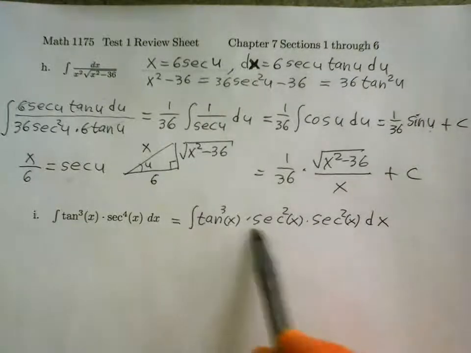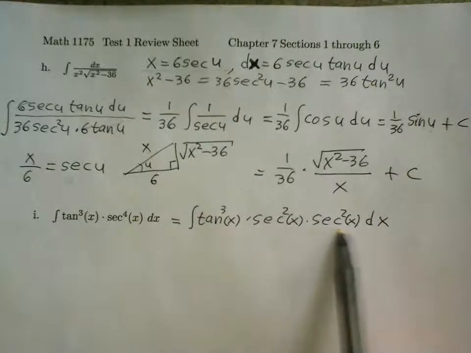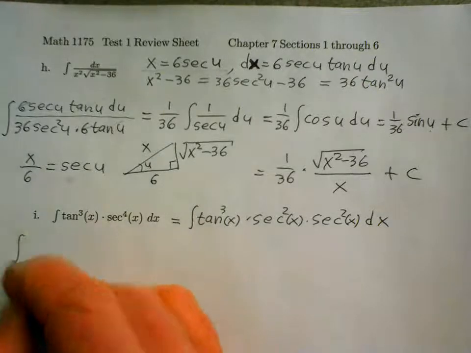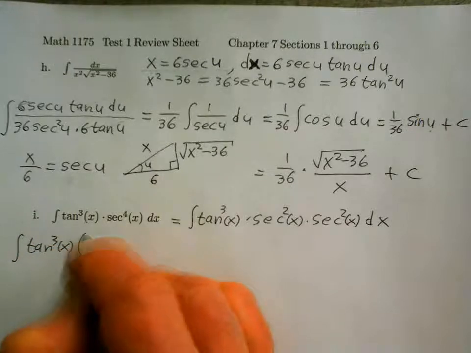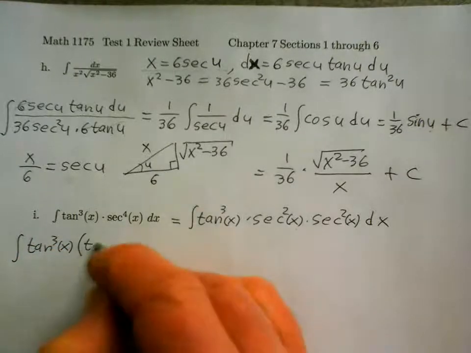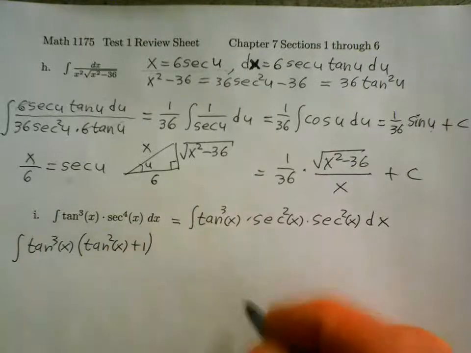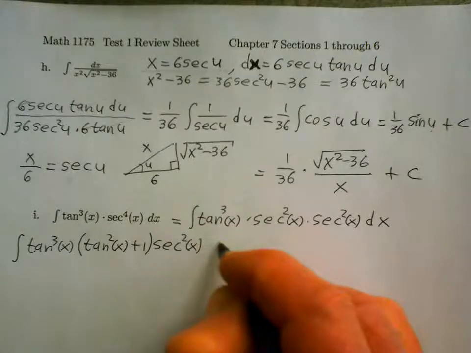The middle secant of x squared, we'll convert that to tangent of x squared plus 1. And we'll leave the other secant of x squared the way it is. So we get tangent of x to the third times the quantity tangent of x to the second plus 1 times secant of x squared dx.